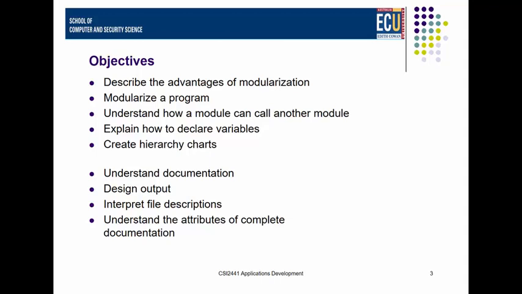We also identified at the end that we do need to create modules. When identifying a structure in our program, we see that things are being repeated, and that led to the concept of modules. So we will look at the advantages of modularization and how to modularize a program.